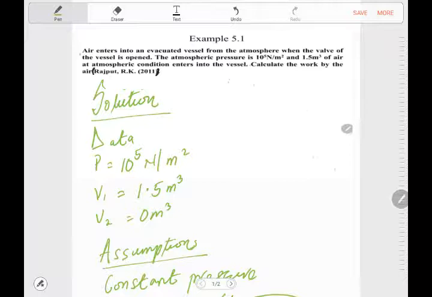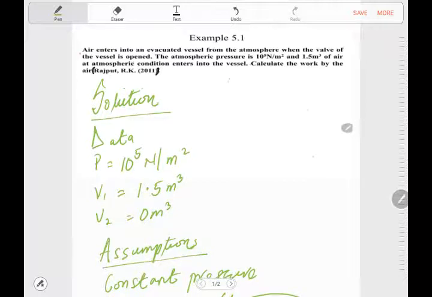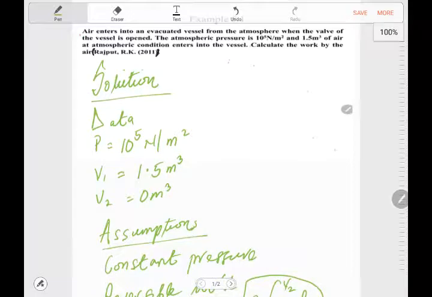So we should know that once this 1.5 meter cube enters into the vessel, we are going to have no air left in the system. It means our V2 will be 0. So that is how V2 is equal to 0 meter cube here. That's one.